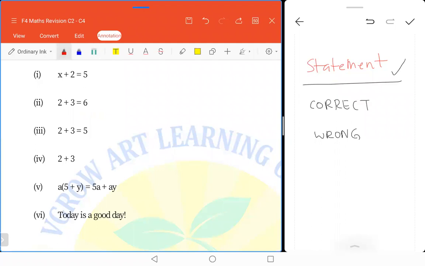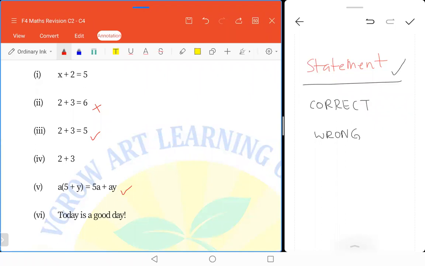Come on. 3 and 5. 3 and 5 is the correct one. Okay. So that means you can check whether it is correct or wrong; the others are not sure, right? So when the others are not sure, that means it is not a statement.